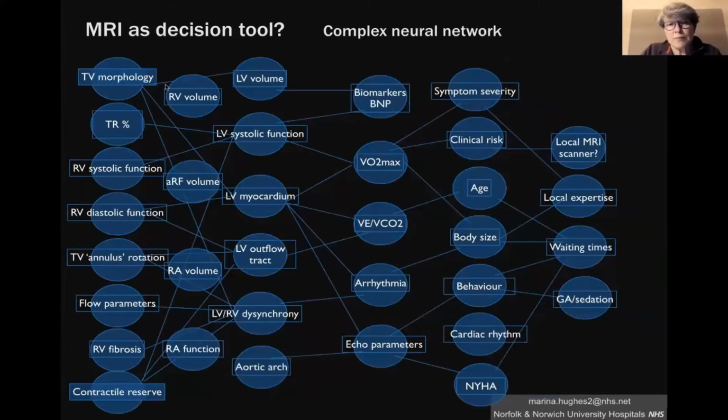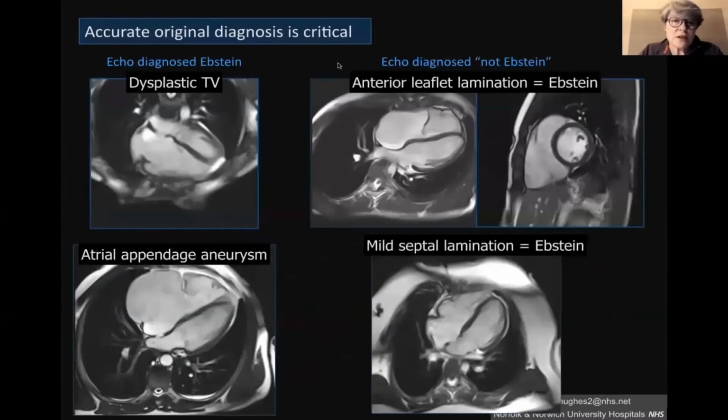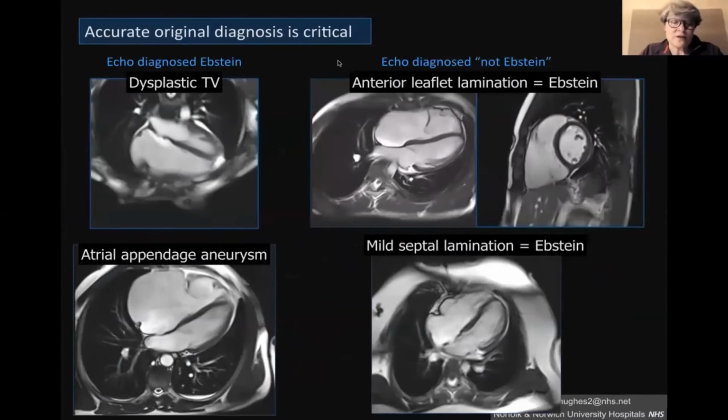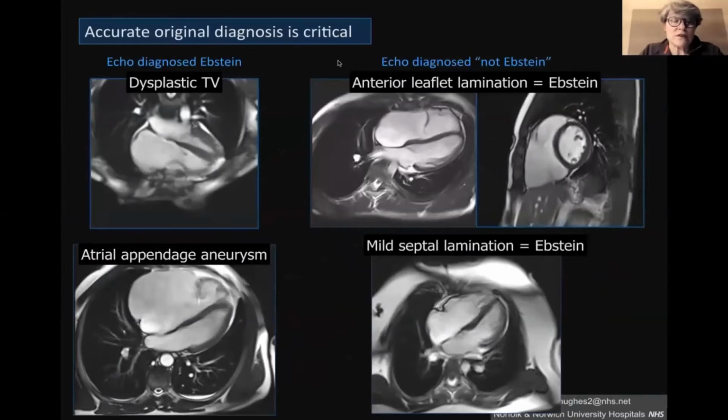And with these MRI parameters, we can incorporate other measures of function and risk, but mostly have to include anecdotal and very piecemeal data to help make decisions, with very poor prediction in truth as compared to some other congenital lesions. And fundamentally, the diagnosis is even difficult for this disease.